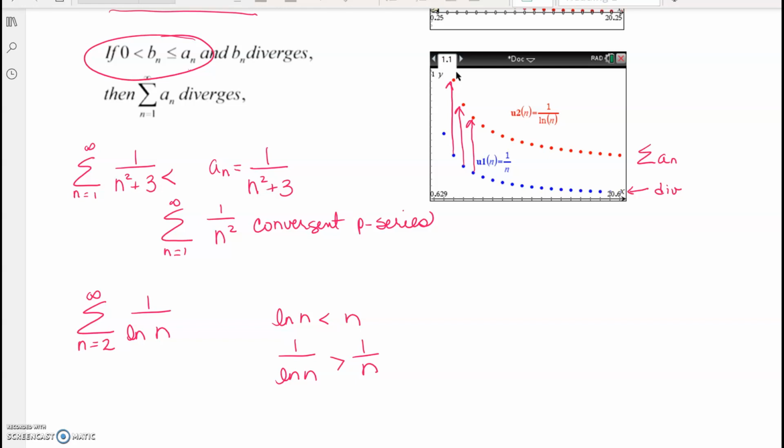When you're doing your homework, there's a section for direct comparison, and there's a section for limit comparison. I want you to use whichever one of those two tests is easier for you. If it makes more sense for you, it's going to be right if it's right for you. So don't follow their directions about which test to use. Do the one that seems to be more natural for you.